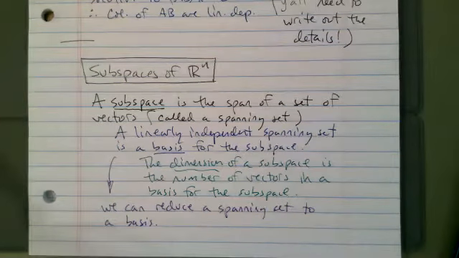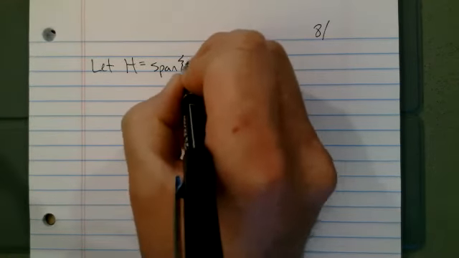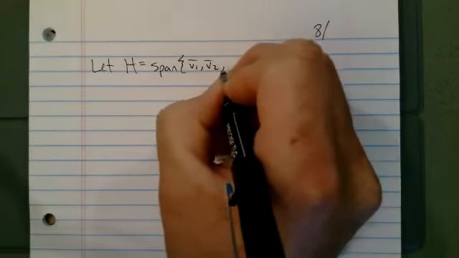Any questions? So let's look at an example. Let's let H be the span of a set of vectors. H is going to be the span of a set of vectors, V1, V2, and V3.